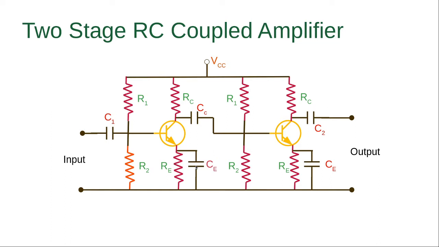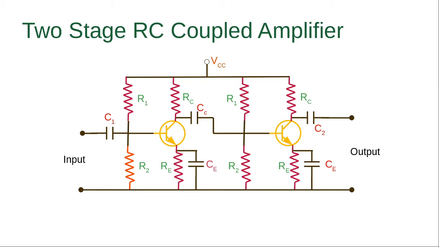The capacitor CE connected in parallel to RE is commonly known as the bypass capacitor, as it allows the AC component of emitter current to pass while blocking the DC component. Usually, the capacitance of this capacitor is taken to be large to ensure low frequency emitter current can also pass through it.